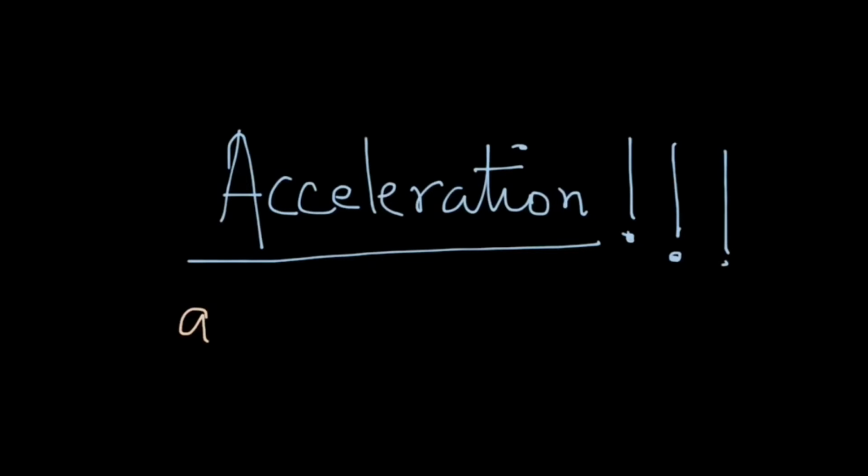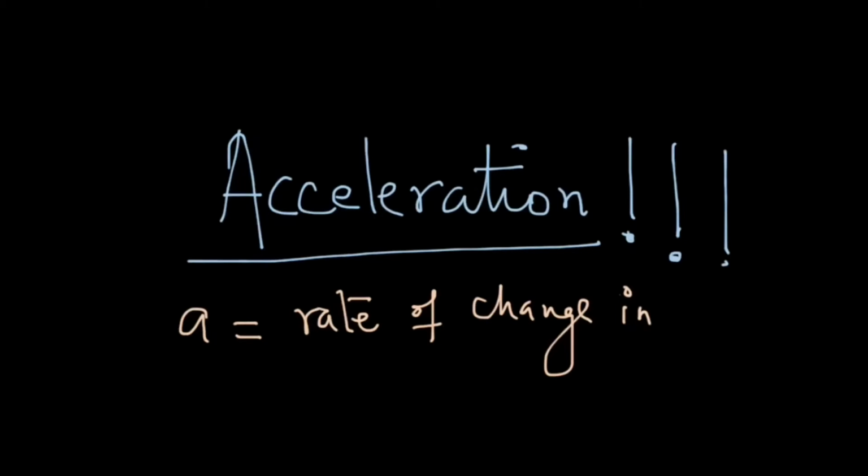So how is acceleration defined in physics? We define acceleration as the rate, that means we will divide by time, rate of change in velocity. Important point to note here is it is the rate of change in velocity. It is not the rate of velocity.